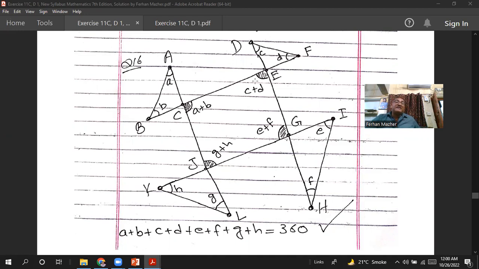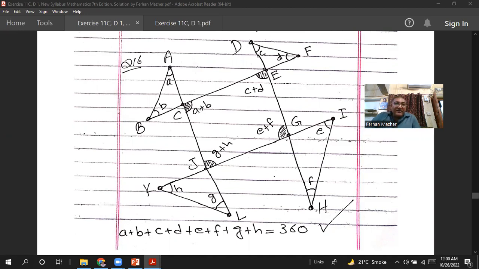These are not C plus D, this is not A plus B. And the sum of the external angles is always 360.